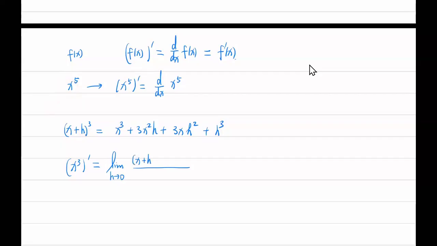Plus h. Okay, so that's the definition of limit. Then we use our formula. So we substitute this x plus h cubed by this.